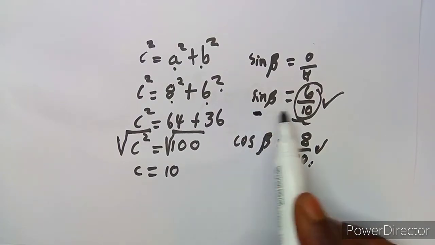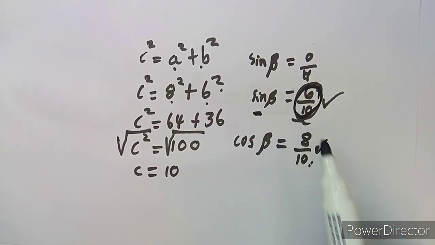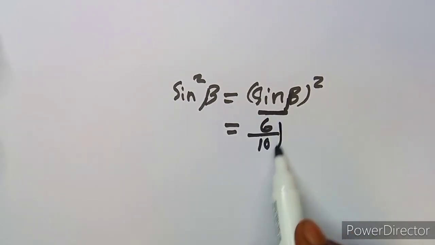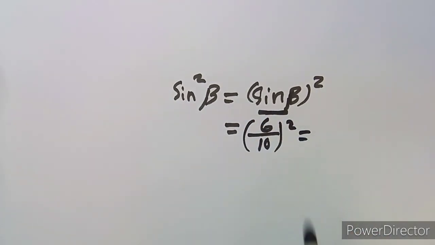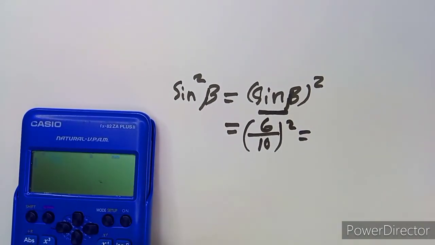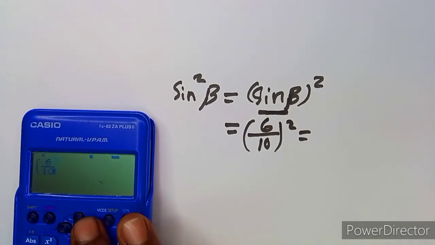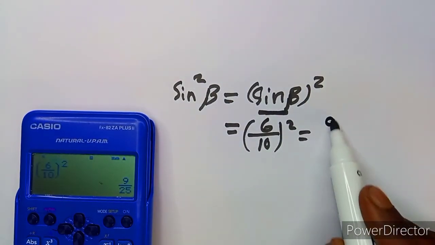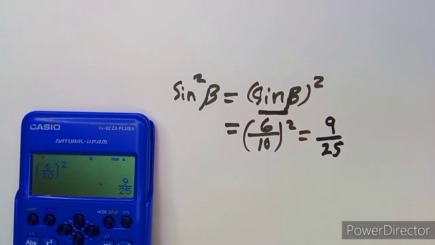This is your sine beta here, which was 6 over 10. So it's going to be 6 over 10 squared. Okay, so from your calculator, let's see what you're going to have. 6 over 10 squared, just open a bracket there, 6 over 10 in bracket, then square the bracket, that's 9 over 25. 9 over 25.